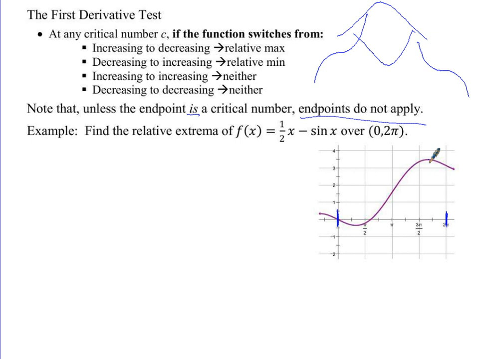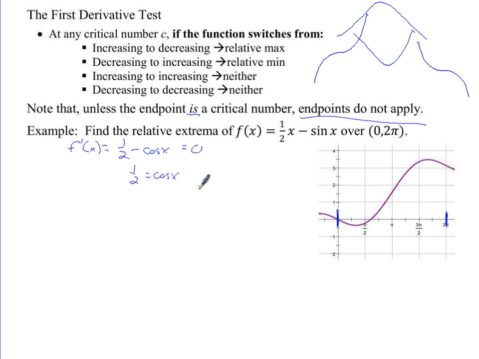So take the derivative. F prime of x equals what? 1/2 minus cosine x. Okay? Now what do we do? Set it equal to 0 and solve for x. So I'm going to add cosine x to both sides. 1/2 equals cosine x.